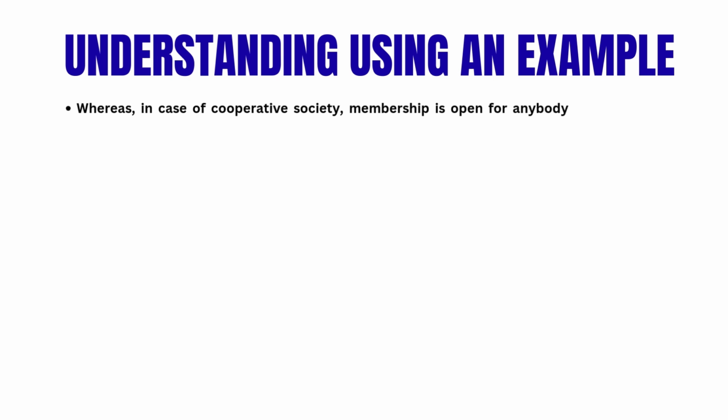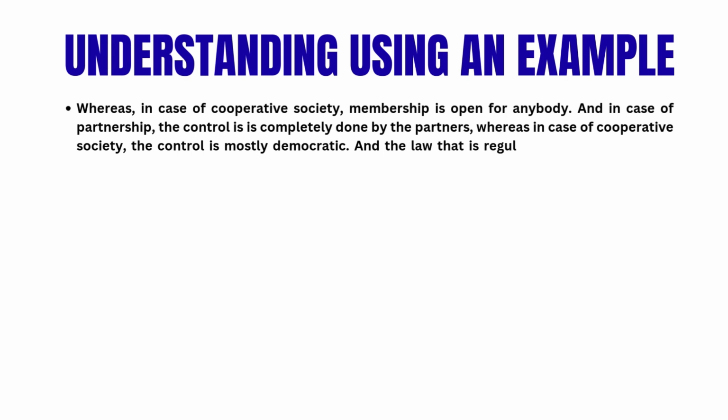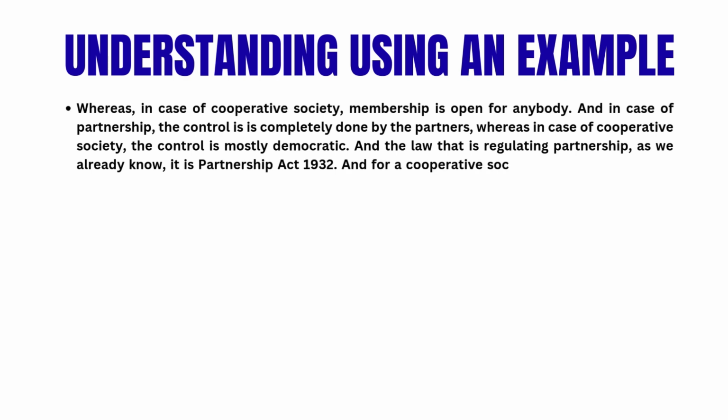In partnership, the control is completely done by the partners, whereas in a cooperative society, the control is mostly democratic. The law regulating partnership, as we already know, is the Partnership Act 1932, and for a cooperative society, it is the Cooperative Societies Act.